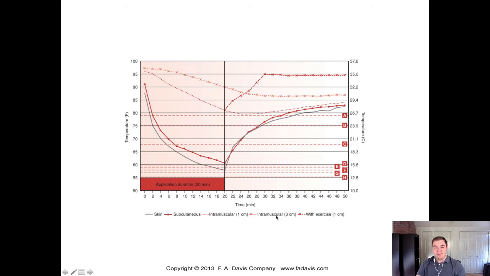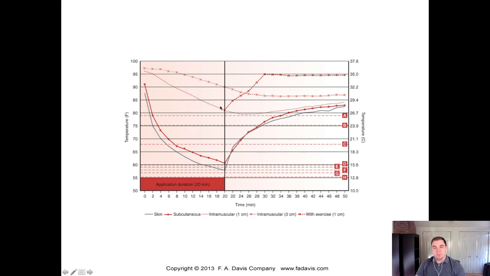If we look at 3 centimeters deep in the skin, it starts about 96, 97 degrees, and it only gets down to about 90 degrees. Whoa. So why, if I'm trying to cool a muscle, why would I cool that? I wouldn't.